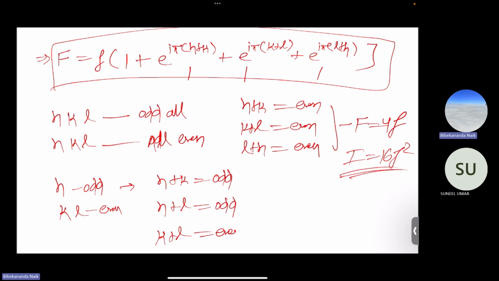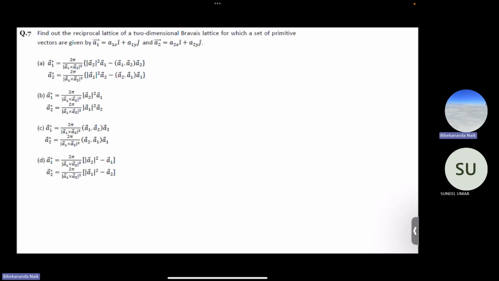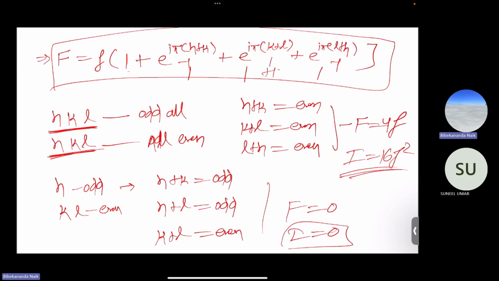So k plus l even will give you plus 1, but the other two will give you minus 1, and they cancel. Then 1 minus 1, 1 minus 1, will be cancelled. So F will be 0, so the intensity will be 0. So the only available combinations are where h, k, l are either all odd or all even. Corresponding to these, we have different planes.